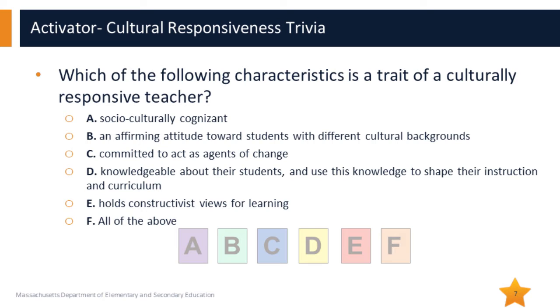D, knowledgeable about the students and uses this knowledge to shape instruction and curriculum. E, holds constructivist views for learning. Or F, all of the above. Place the letter for your answer in the chat. I'll give everyone a moment to think about it.